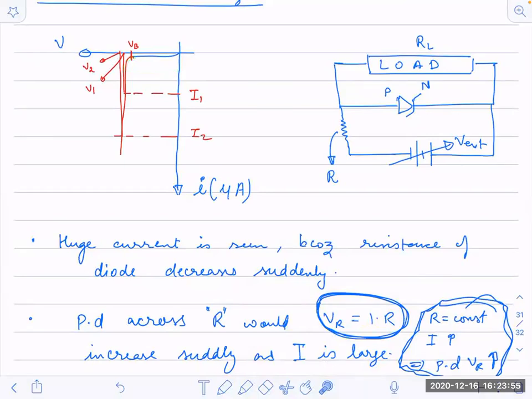So the property of the Zener diode we are using is that even if there is a huge change in the current, the potential drop would be almost the same. The output potentials are almost the same, and the load will be having a constant potential. The fluctuations will be maintained. So this is what we have for this. If you have any kind of doubt, now you ask.